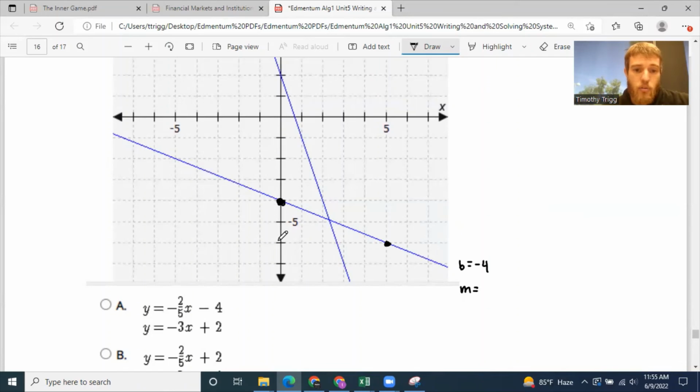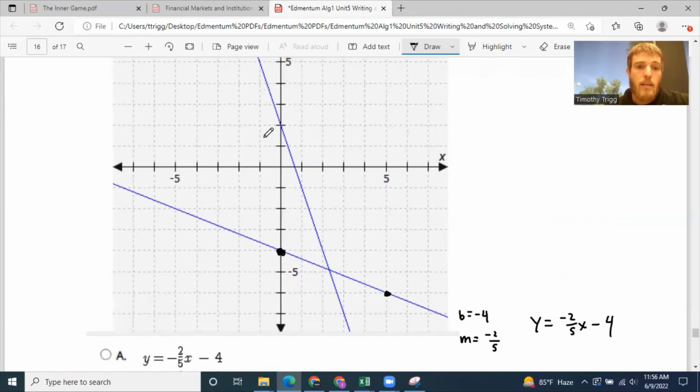Well, I went down 2 over 1, 2, 3, 4, 5. So down 2 over 5. So now we could write the equation y equals mx plus b, minus 4. So for this equation, it's y equals -2/5 x minus 4. See if you can find the equation for this second line.